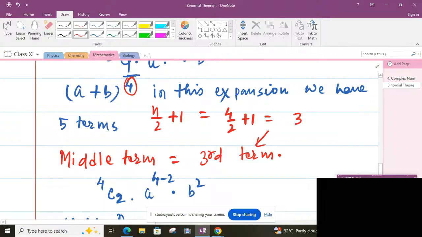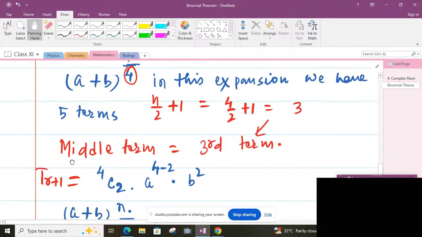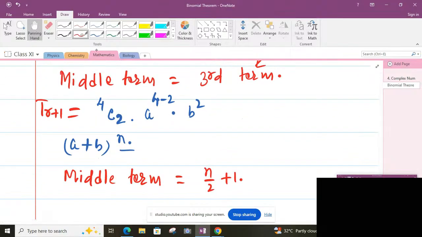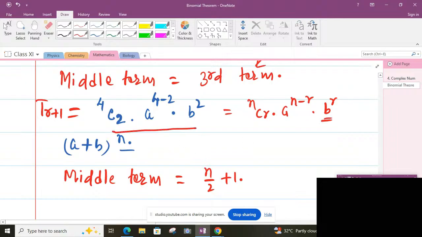And according to the general term, we know that t r plus 1 equals nCr into a to the power n minus r into b to the power r. So according to this one, the exact middle term will be this one. Hope that there is no problem to identify the middle term when n is even.